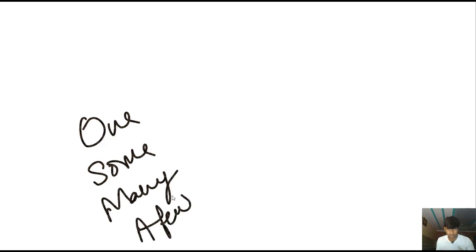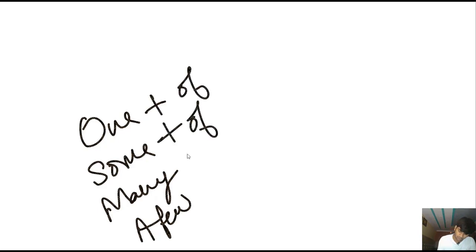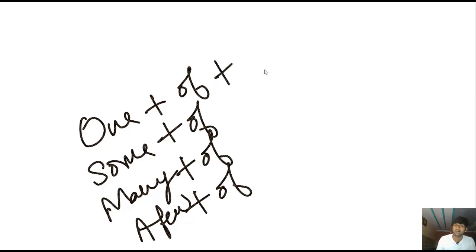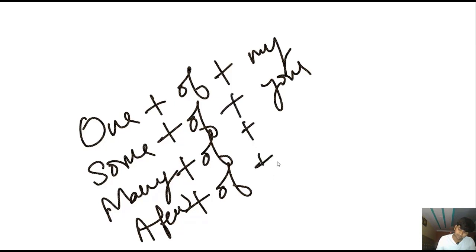But if you start a sentence with one or some or many, or a few, basically a quantifier, and you use the preposition of after this, like one of, then you can use a possessive adjective after it. One of my, one of your, one of his. You can also use a demonstrative adjective after it.